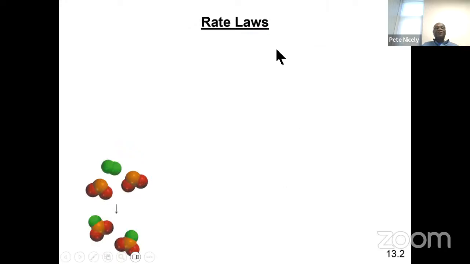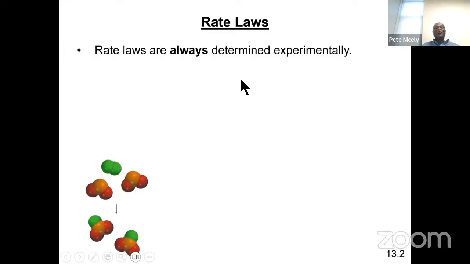Let's talk about some things about rate laws that you need to be aware of, especially when it comes to solving problems. First thing I want to say about rate laws is that the only way to determine the rate laws is by performing an experiment. So you have to perform experiments where you look at the effect that the concentrations of reactants will have on the rate of the reaction.